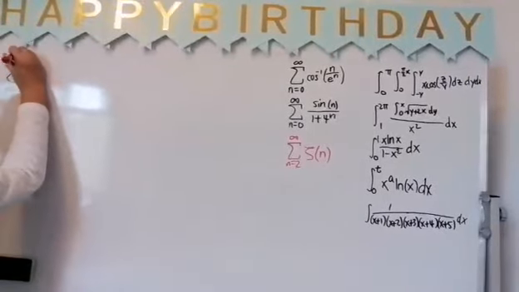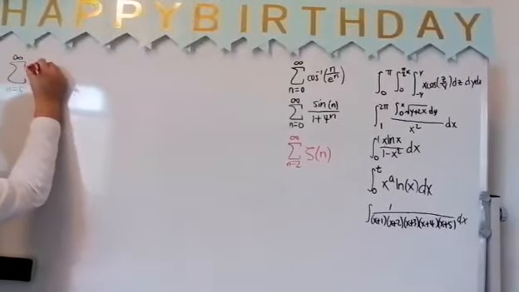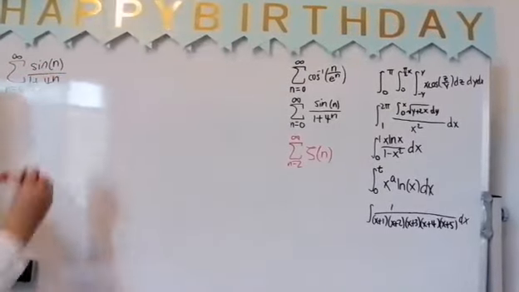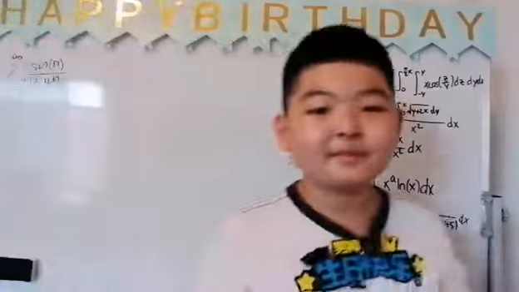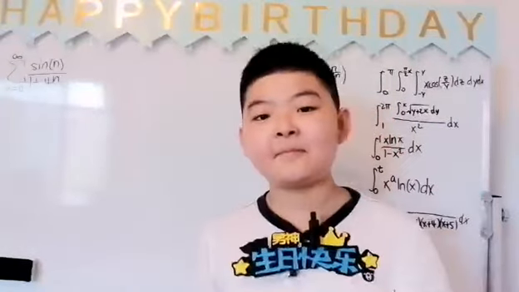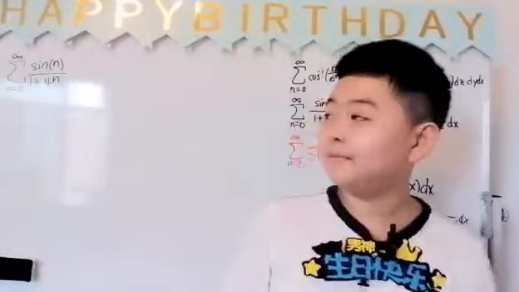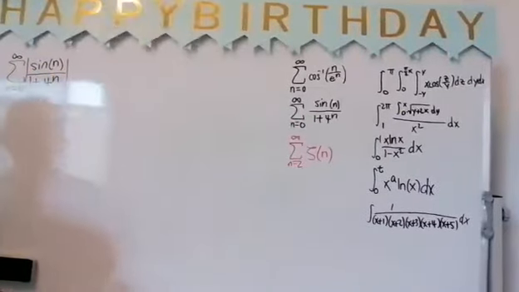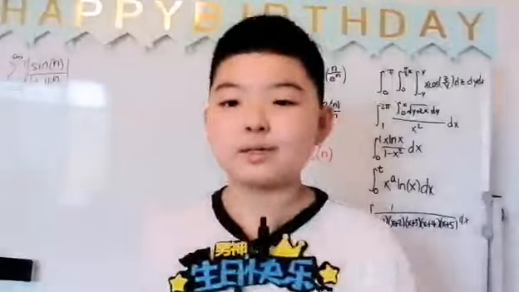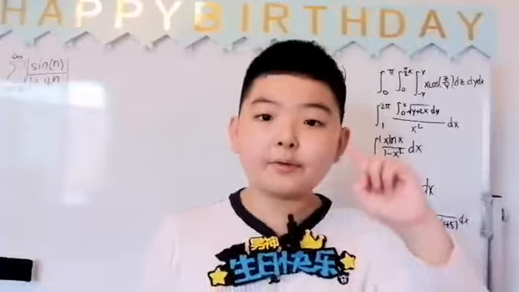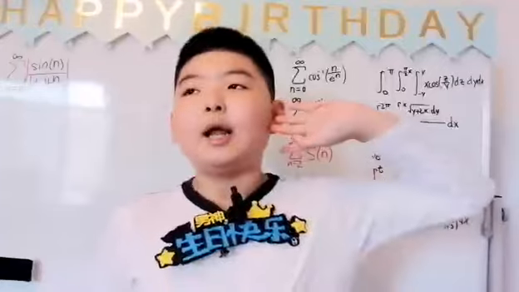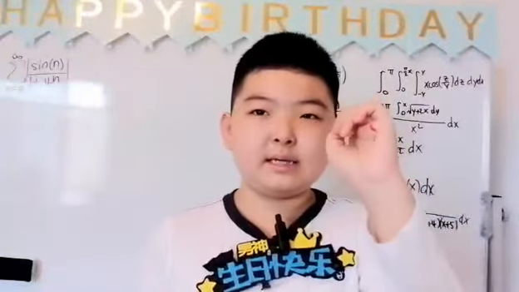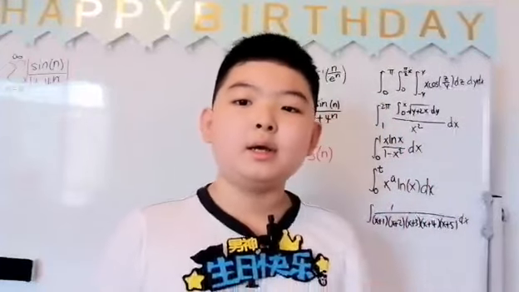The sum from n equals 0 to infinity of sine of n over 1 plus 4 to the n. Now, take the absolute value. You will notice that the absolute value of sine is always less than or equal to 1.